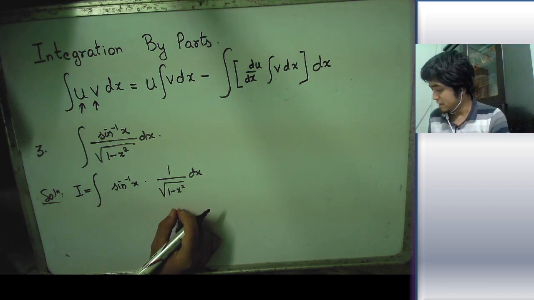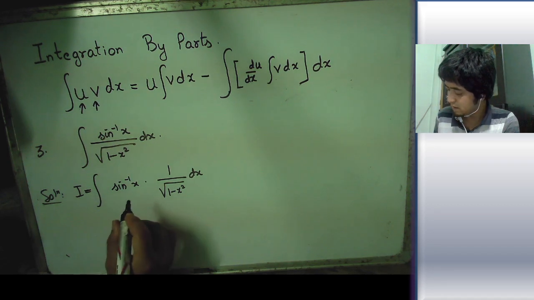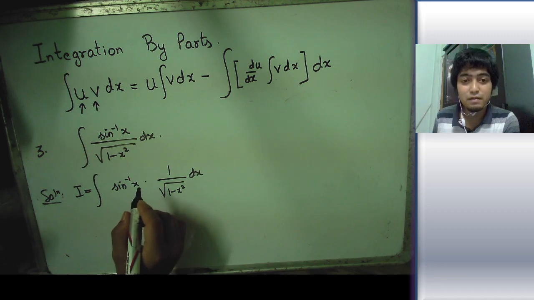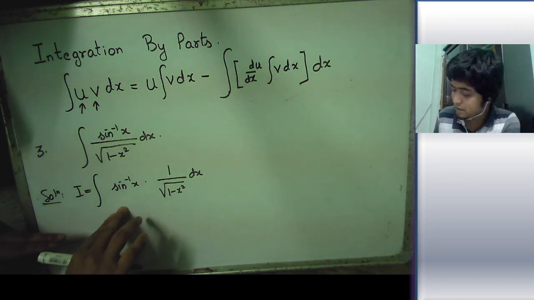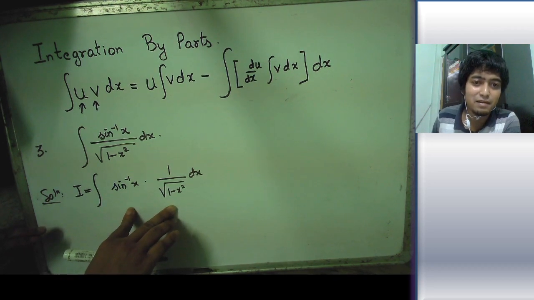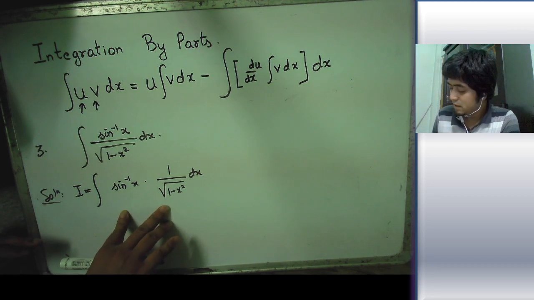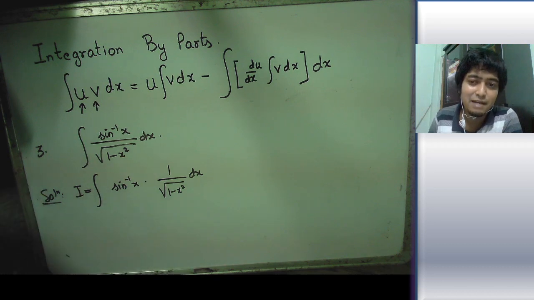If you notice, if we do integration by parts directly, it will get a bit complicated. So what we will do is try to substitute. How do we know that we will have to substitute?